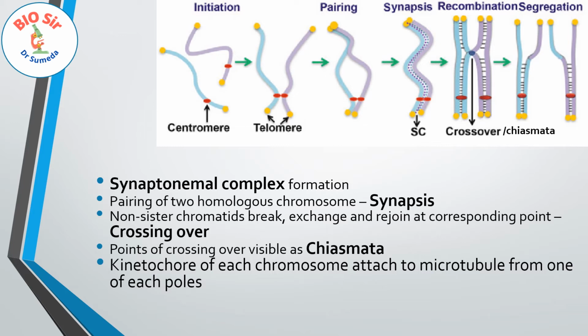So there's an exchange of chromosomal nuclear material. This is very important in variation. Because of the recombination of chromosomes, different characters are formed. This is very important in meiosis. This is synaptonemal complex formation.